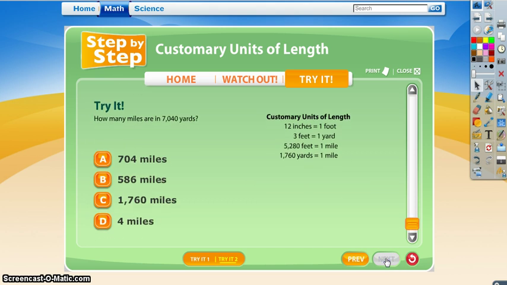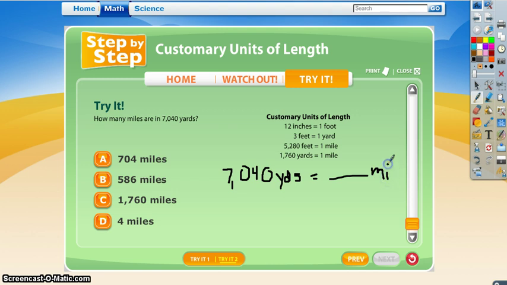How many miles are in 7,040 yards? Okay, so in this problem, I have 7,040 yards. And I want to know how many miles does that equal?